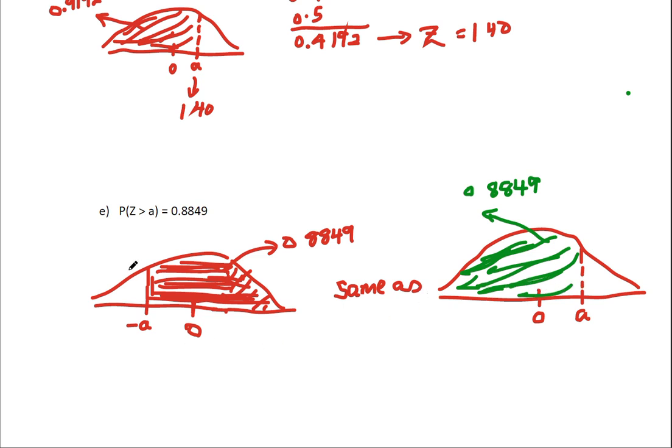So the probability of the area to the right of negative A is the same as the area to the left of positive A. Just like the area to the right of negative 2 would be the same as the area to the left of positive 2, and the area to the right of negative 3 will be the same as the area to the left of positive 3. It's as simple as that.